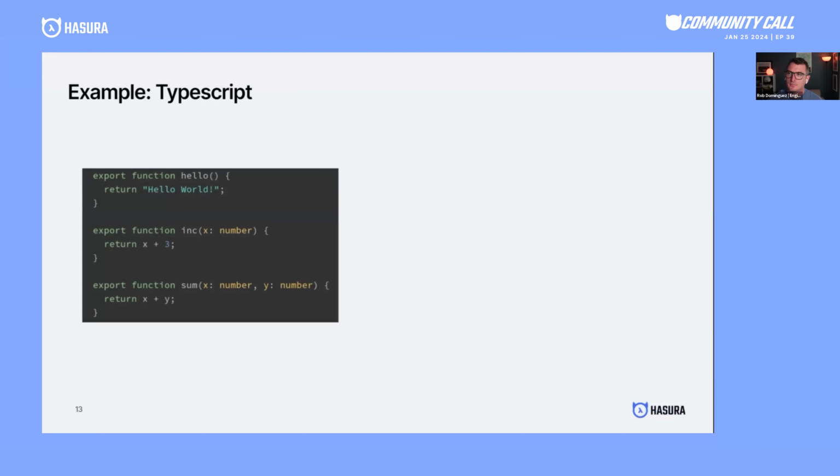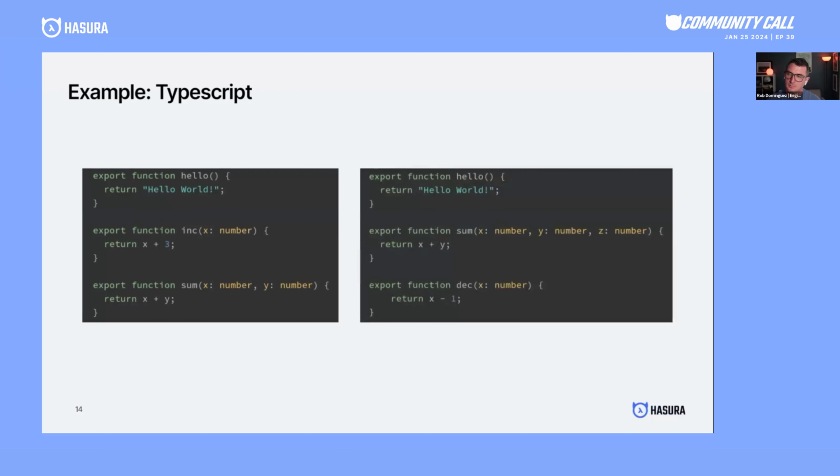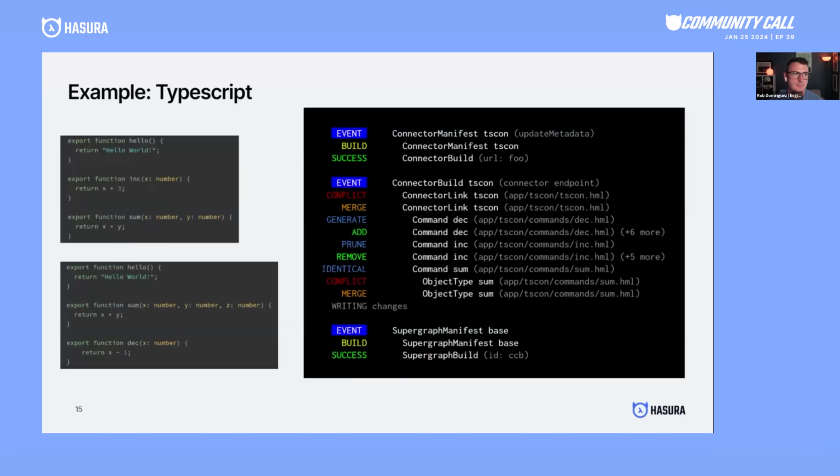Let's say you have a supergraph set up with some TypeScript functions. But what if you could simply change your TypeScript functions and get an updated GraphQL API? Now that's iteration. Here, the CLI tooling would notice the change to the TypeScript files and then build a new connector. Then it would update the supergraph metadata, including the commands and object types.